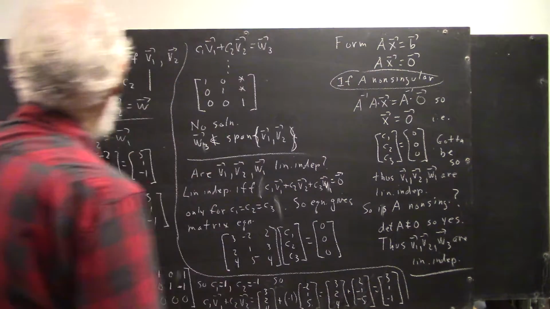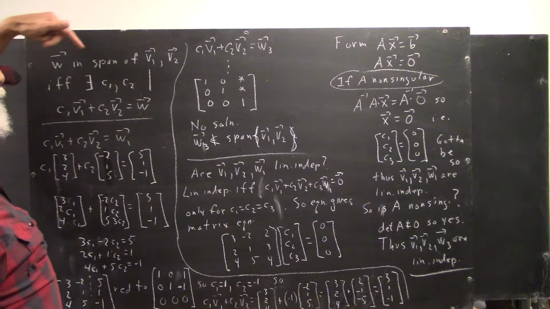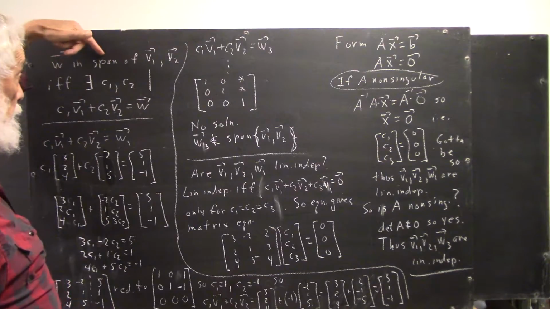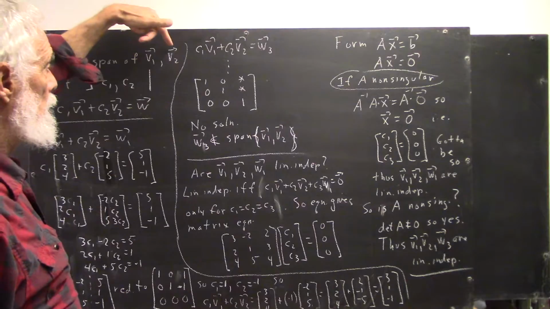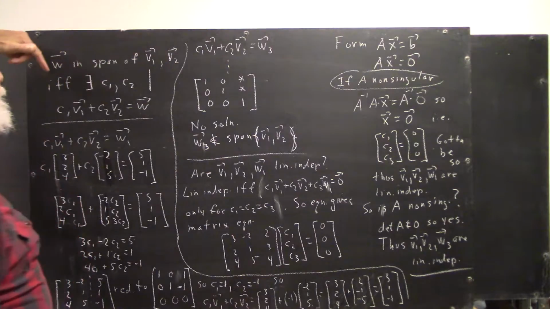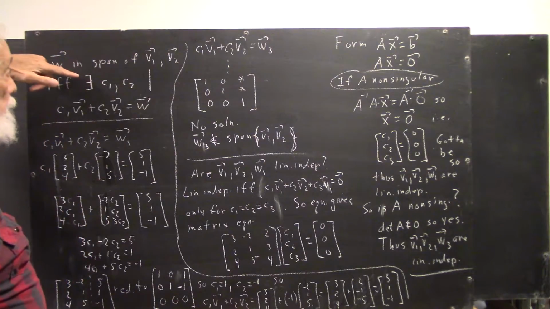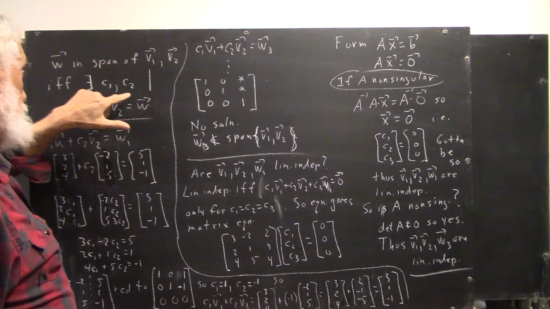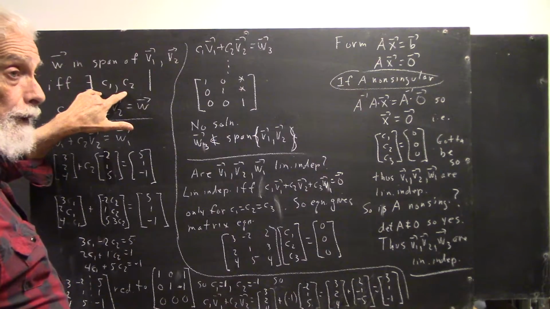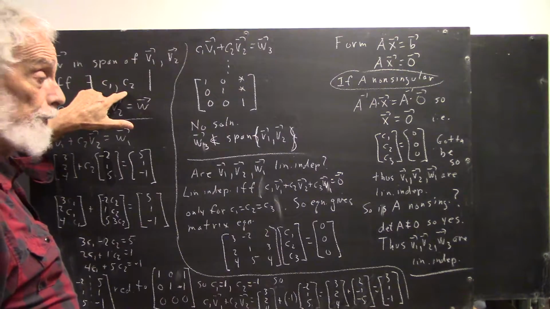Now, the vector w is in the span. This is the definition of span. It's within the span of two vectors v1 and v2 if and only if there exist c1 and c2, which are automatically regarded to be constant real numbers.